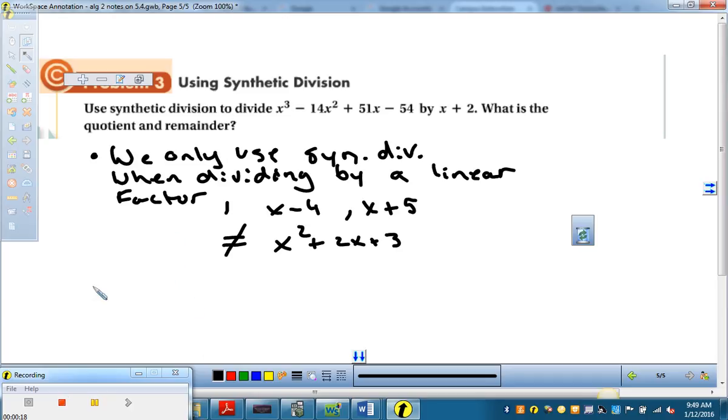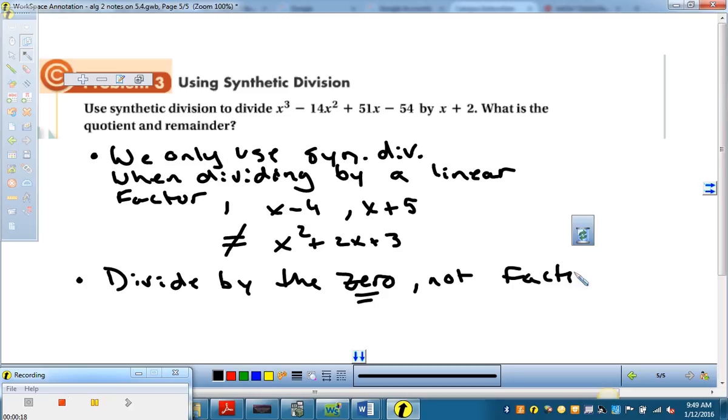And a couple of things to note about synthetic division. You always divide by the 0, not the factor. So if they're asking us to divide by x plus 5, I would not be dividing by x plus 5. When I set it up, I will be dividing by, what's the 0 for that? Negative 5. Okay, so you always have to divide by the 0.